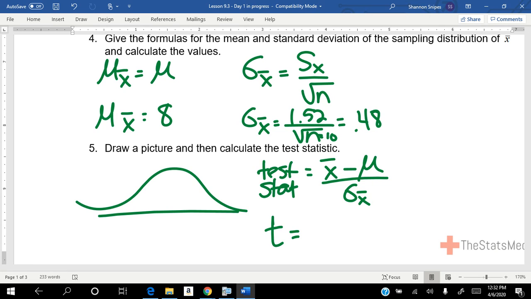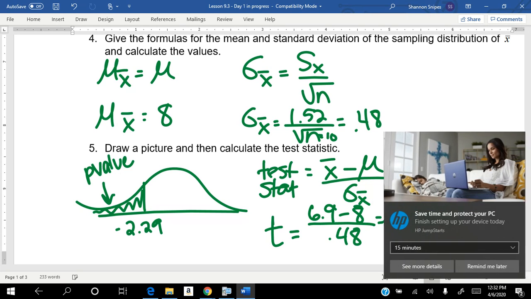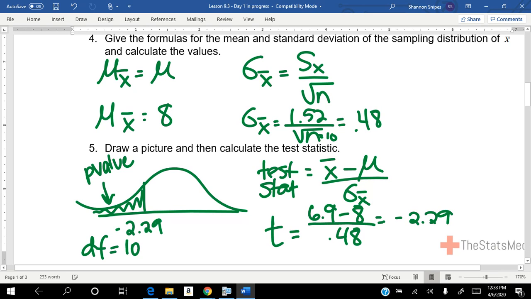So t is equal to x bar, which was 6.9, minus 8, divided by 0.48. That is negative 2.29. Remember, this is our p-value. We said less than, so that's why we shaded to the left. Our degrees of freedom are our sample size minus 1, so our degrees of freedom are 9.